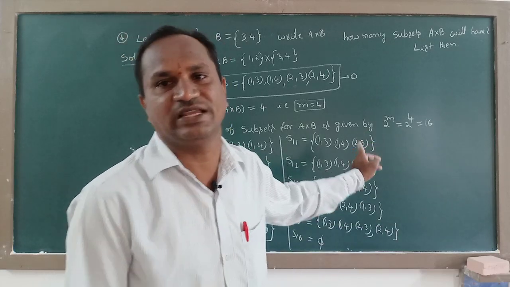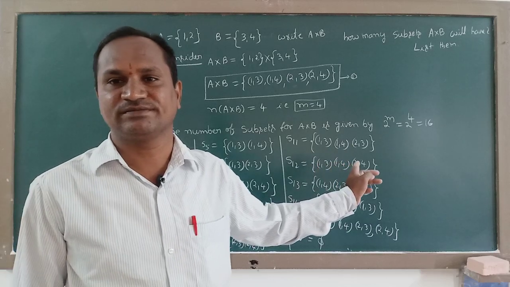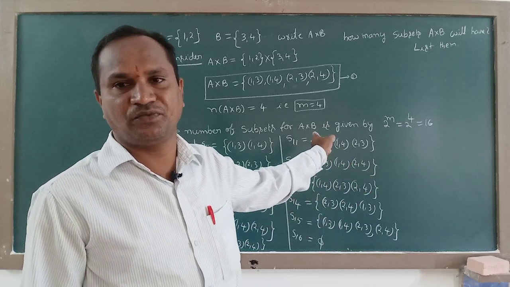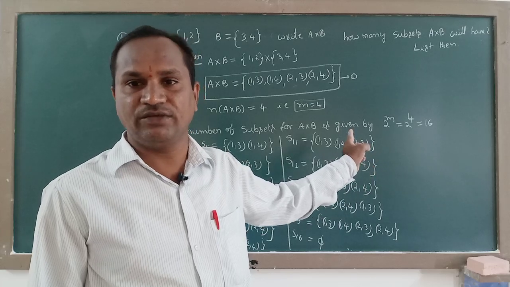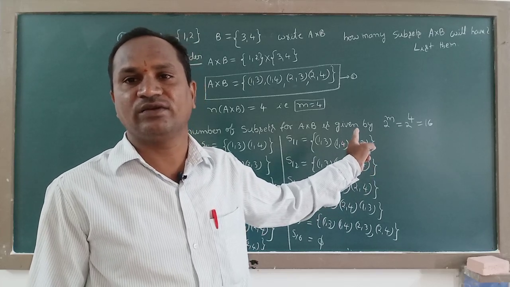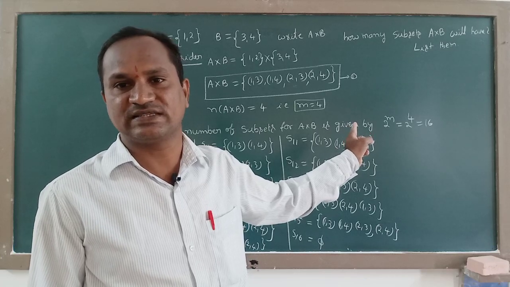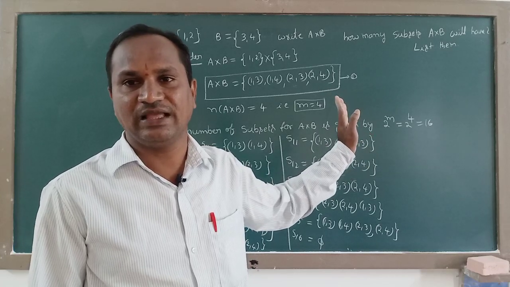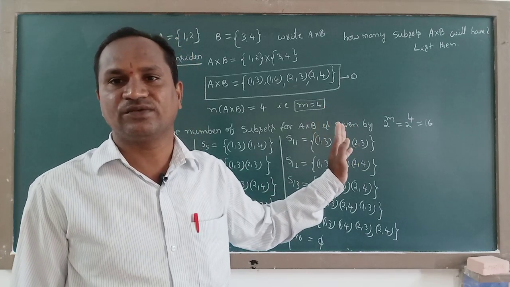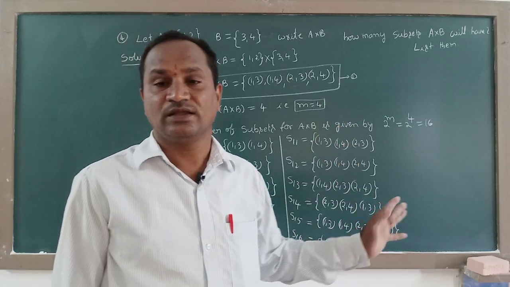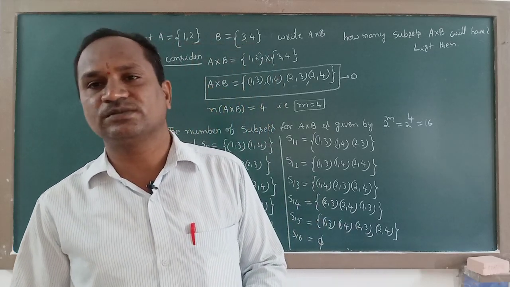Today I also told one new concept: how to find the subsets of A cross B. By seeing this solution, we can easily understand how to find the subsets of the Cartesian product of two given sets. In the next class, we will also give some different problems on Cartesian products.